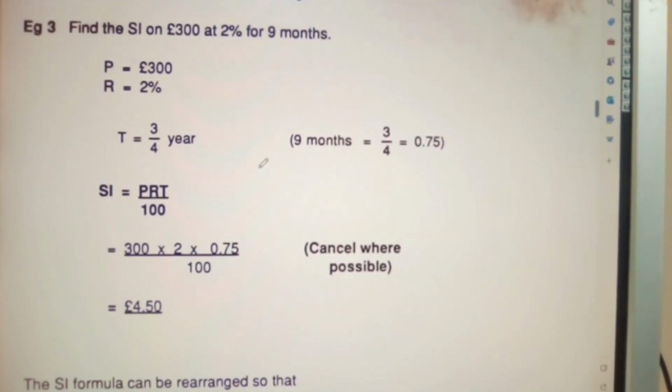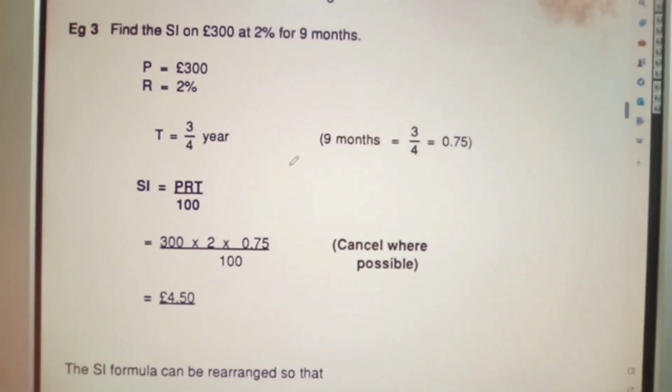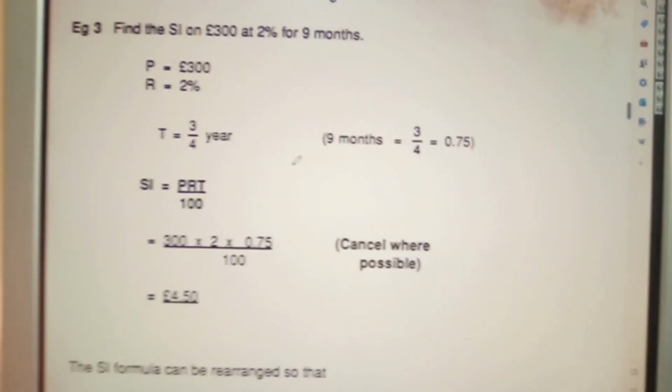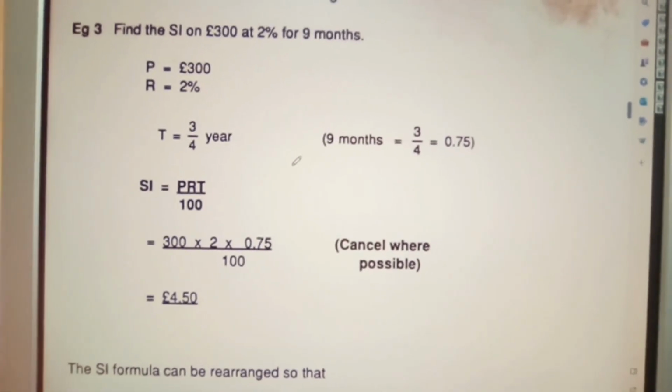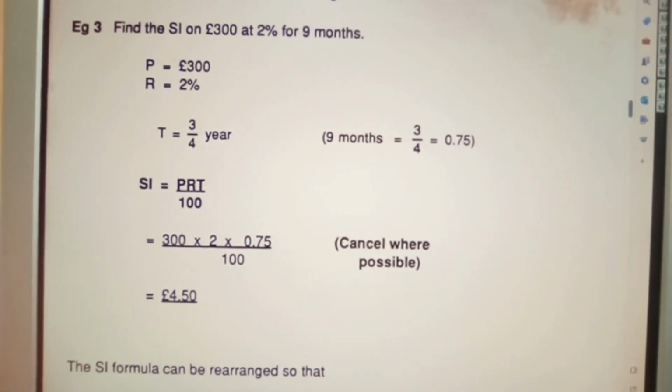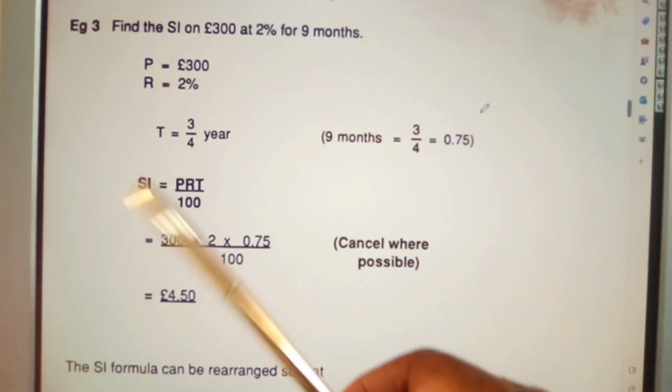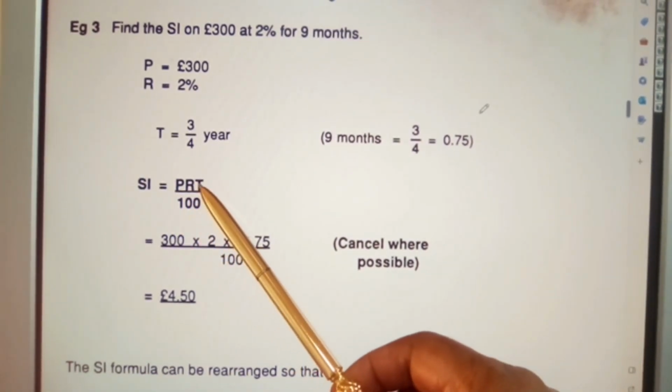Now again, here, find the simple interest on £300 at 2% for 9 months. Here, slightly different. Time equals 3/4 of the year. 9 months equals 3/4, so that's equal to 0.75. So here you need to look at simple interest, putting in the formula.